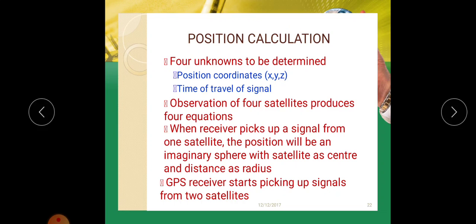And next, the GPS receiver starts picking up signals from 2 satellites.